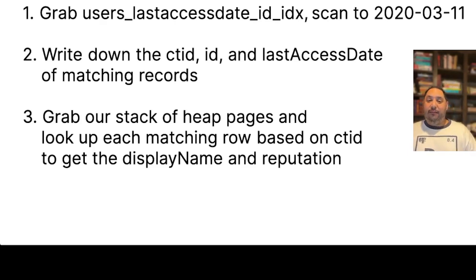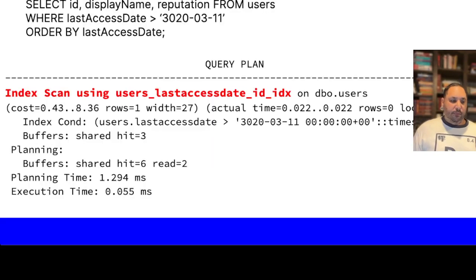And then once we have that CTID, we can quickly go back over to the heap and grab the other columns, along with the ID and last access date that we already have, and give that information back, right? Based on the CTID, we can get there pretty quickly. So that's one execution plan you could come up with.